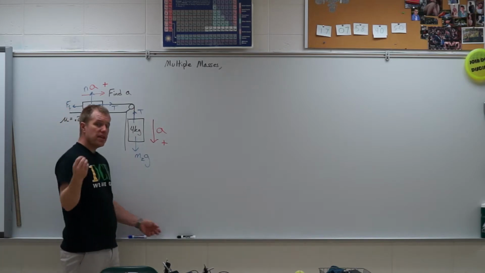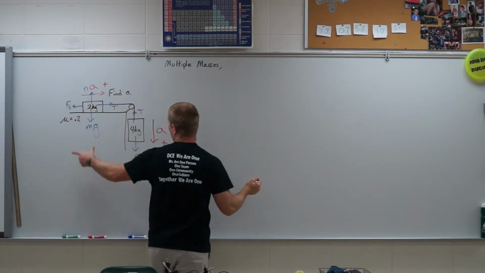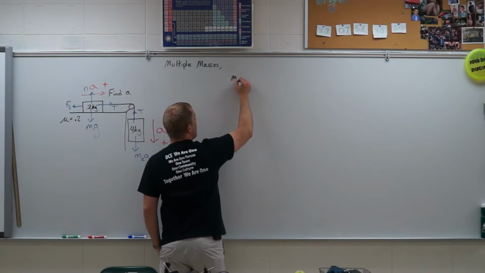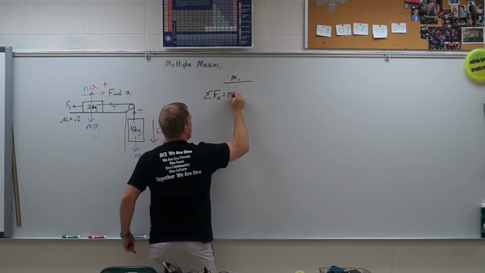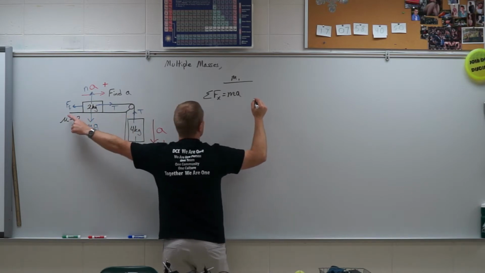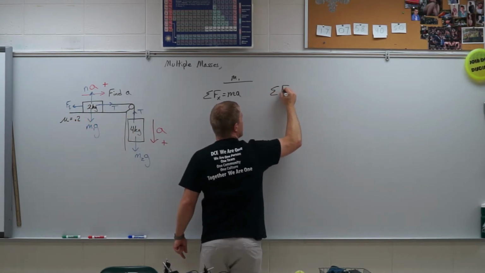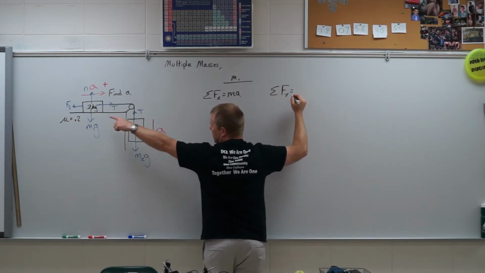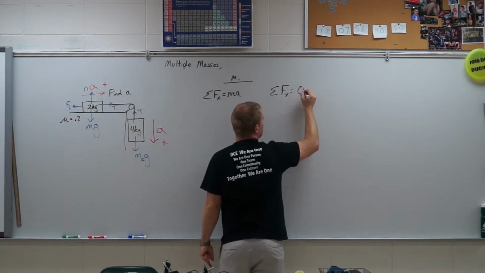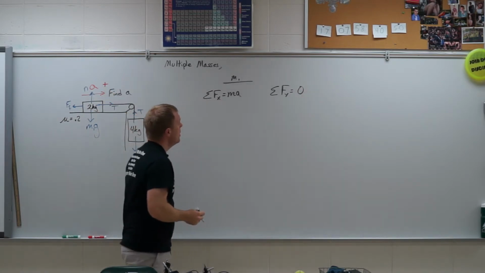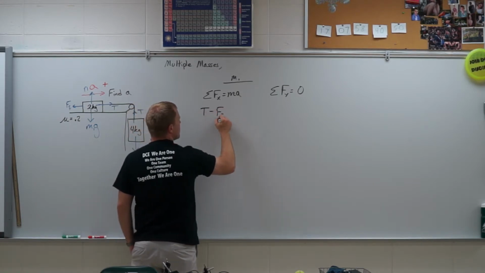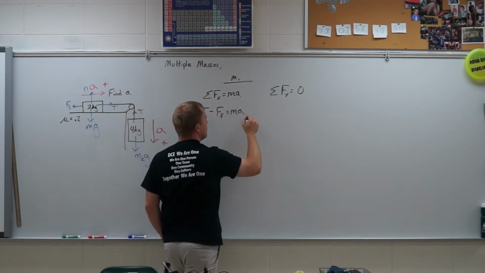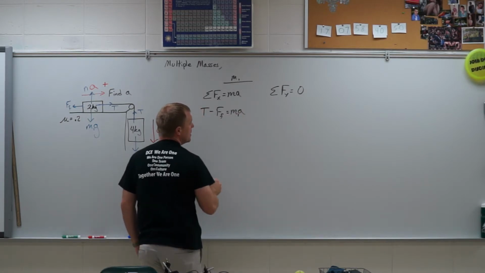All right, so from this, I'm going to generate my equations. So for the 2 kilogram, for M1, the sum of the forces in the x direction is going to be ma. It is accelerating in my x direction. The sum of the forces in the y direction is 0 for this one. So for M1 in the x direction, I have tension minus the force of friction equals M1a to be specific.